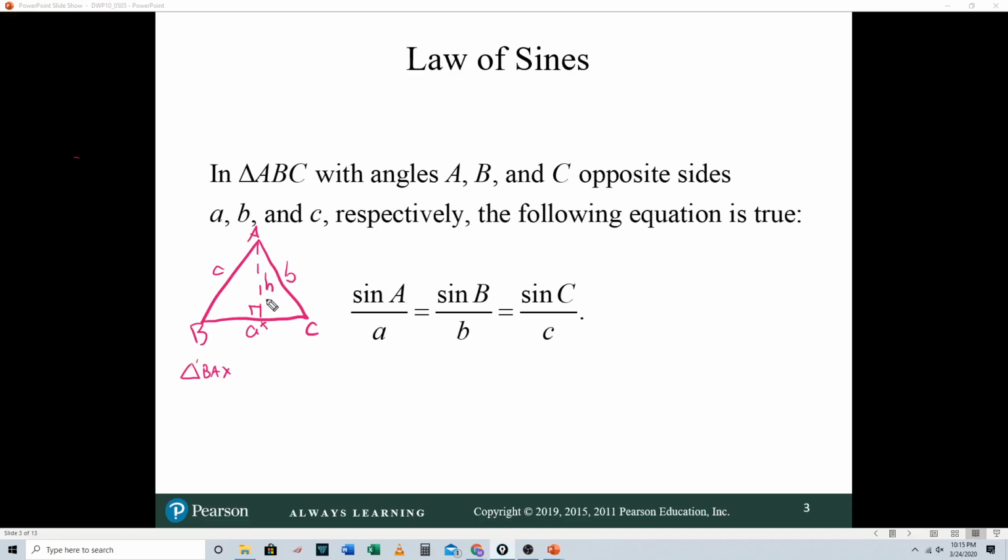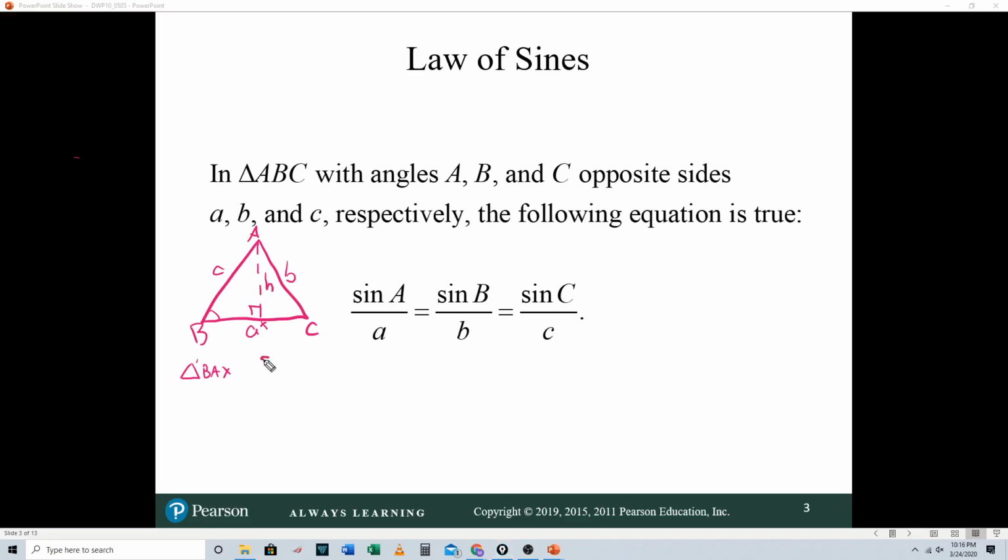If I want to solve for h, I'm going to use sine of B. Sine of B is equal to the opposite, h, over c.